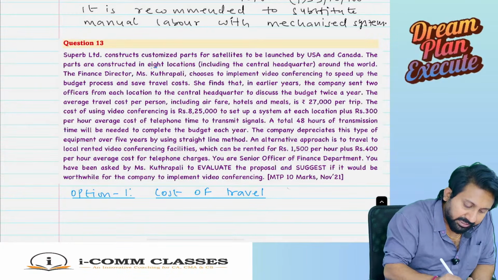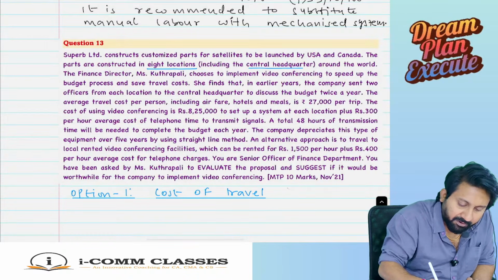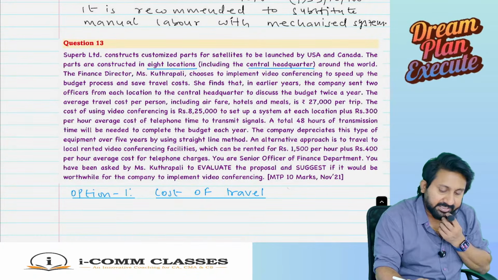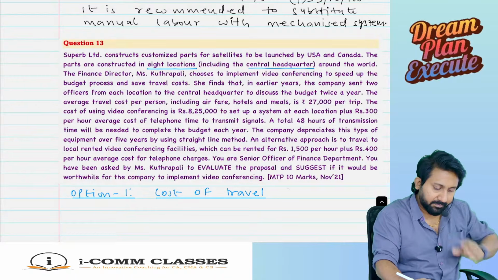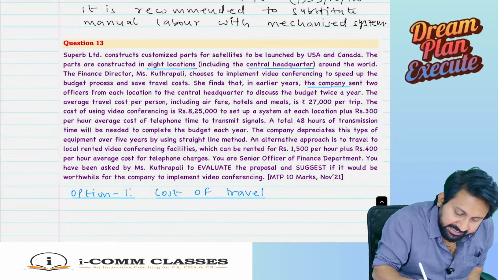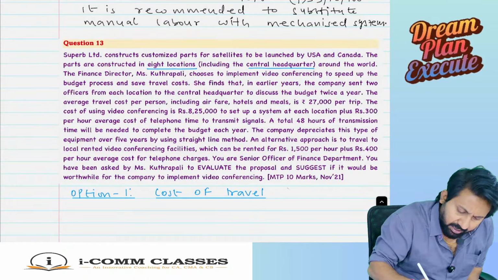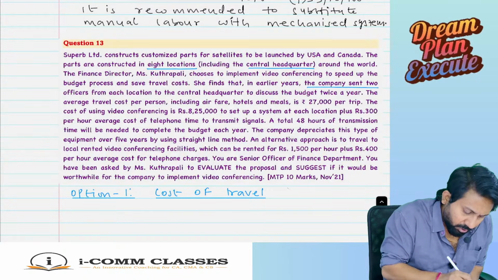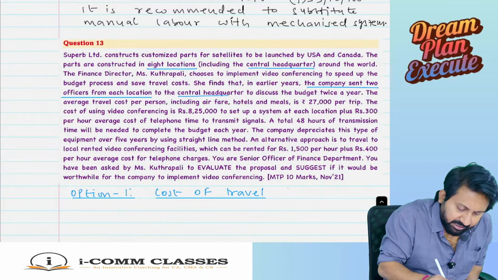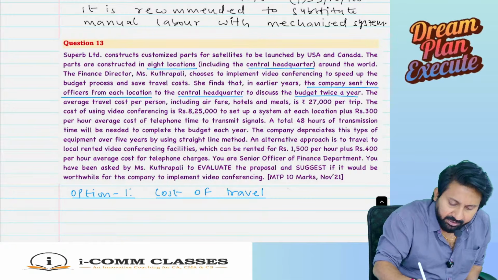See here once. Totally how many locations are there? 8 locations, including what? Central headquarters. See here. Companies, listen. Companies sent 2 officers from each location to the central headquarters to discuss the budget twice a year.